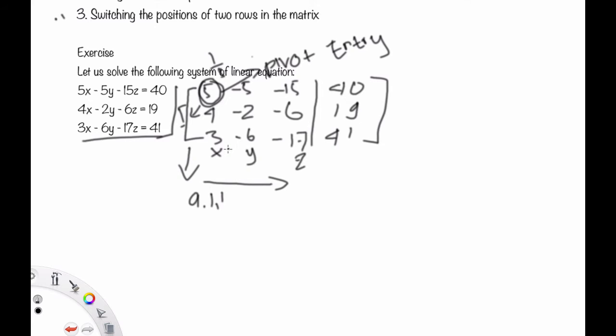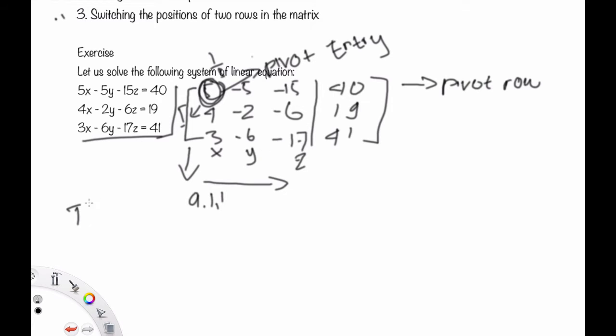The row containing the current pivot is called the pivot row. Now, to place 1 in the pivot position, we generally use type 1.